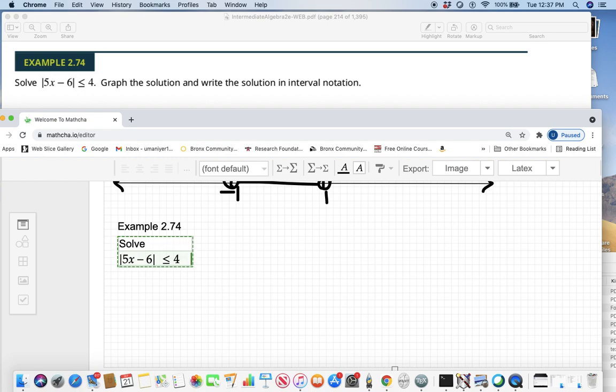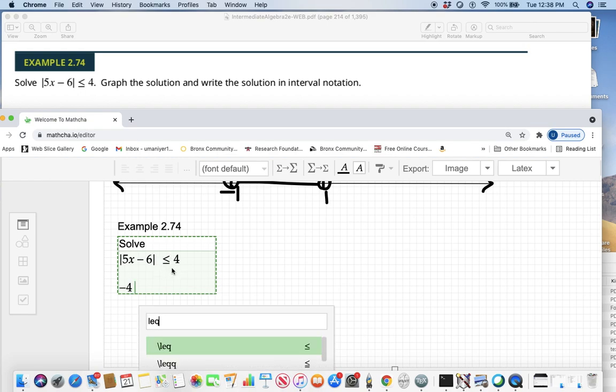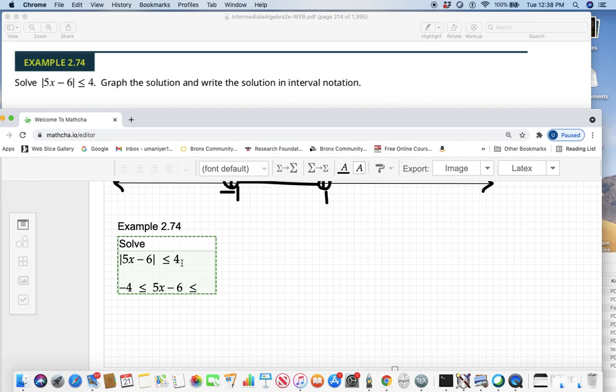All right. We just saw if the absolute value of anything is less than or equal to a positive number, take its negative first, keep the less than or equal, and write the expression in between, less than or equal to the positive 4.